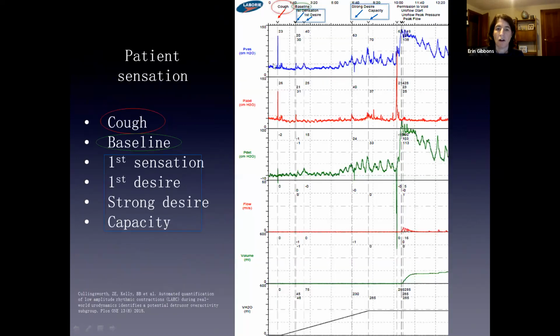When you start off, you have your catheter in the bladder and your rectal balloon, and they're both going to have some sort of pressure. You want to make sure that they're both working and that you're getting a signal from them. So we ask the patient to cough at the very beginning, and this is the spike that you get right here. That makes sure each of the transducers, in the rectum and the bladder, are picking up the signal.